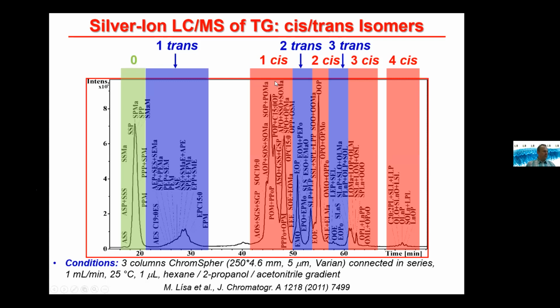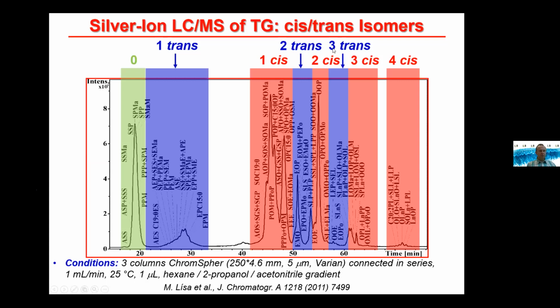The first example is shown here for triacylglycerols, where you see that the retention of all-trans isomers is much lower compared to cis, and relatively close to saturated species, in line with the known spatial configuration of trans double bond, which is much closer to saturated chains than in case of cis configuration.